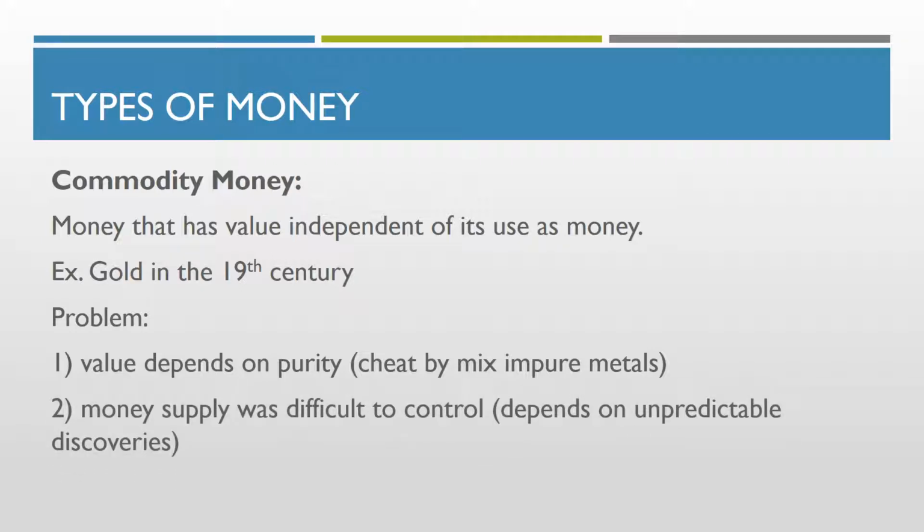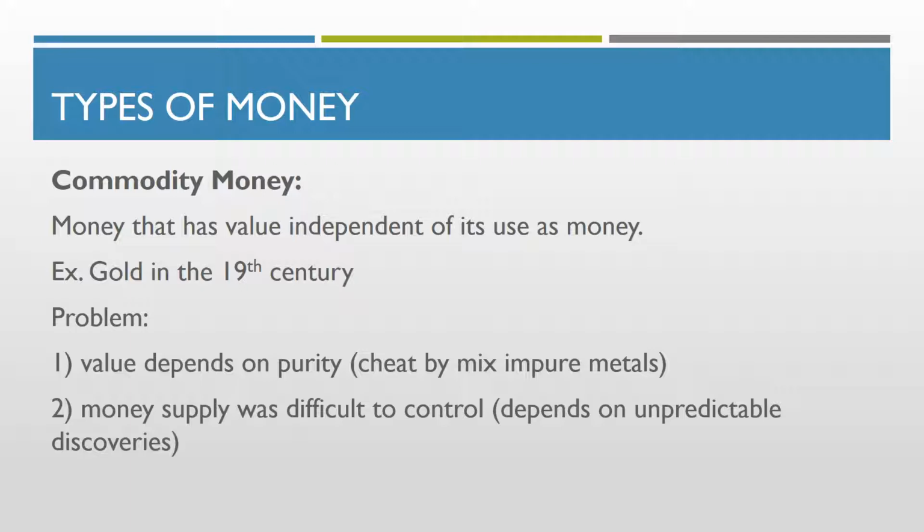Another problem for a commodity like gold is that the money supply can be very difficult to control. The money supply here is basically how much gold we can get into the markets, and it really depends on mining. Maybe one year we find a gold mine in South Africa, and the supply of gold can expand tremendously.